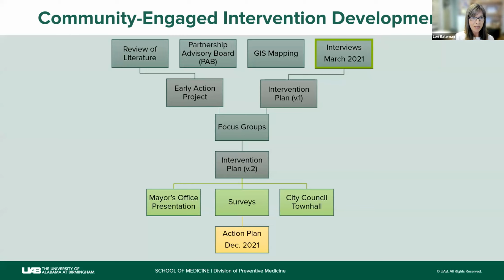We included community members and stakeholders in key informant interviews to build this intervention. We designed an intervention plan and then took it to focus groups and town halls. We conducted surveys and then presented it to the mayor's office. At each stage, we refined the process until we got to our action plan.